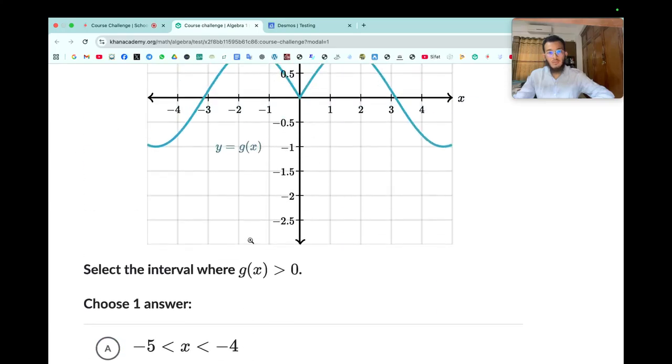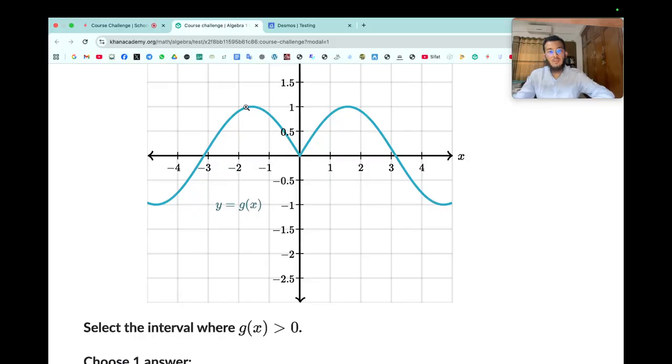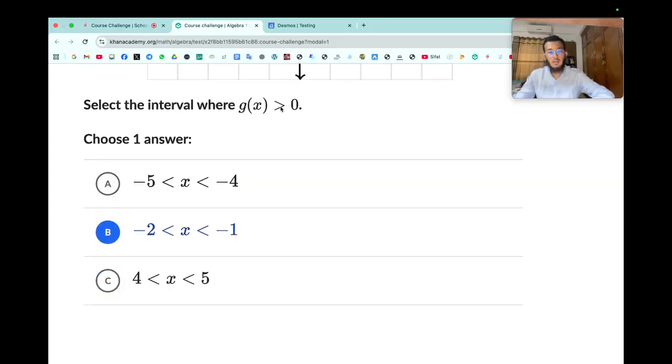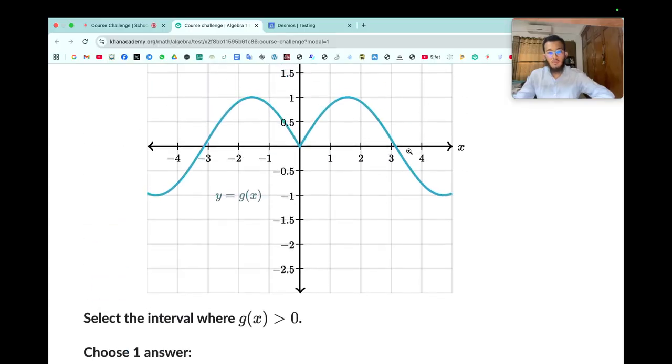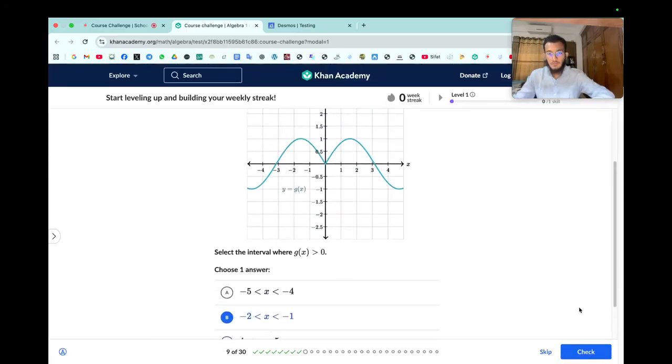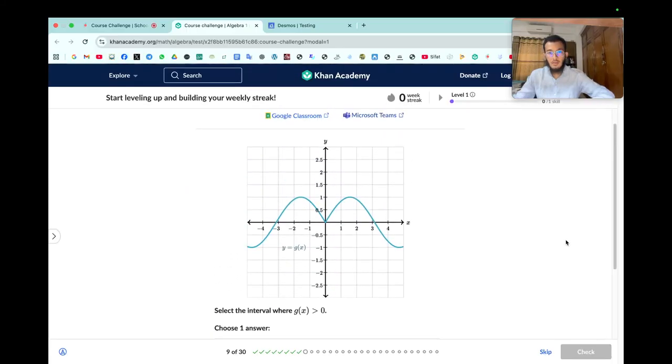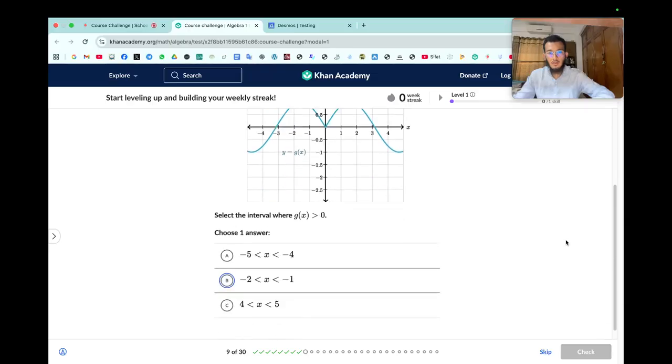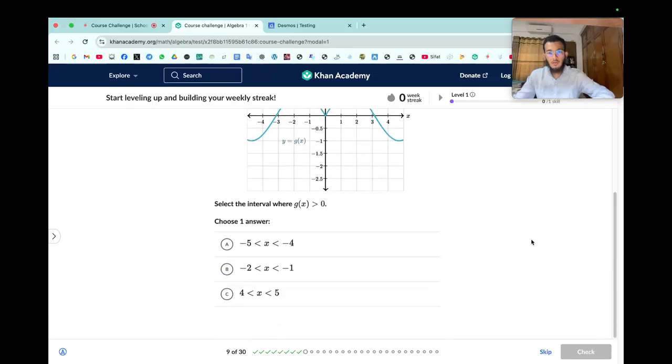From -2 to -1, yes, it's on the greater than 0 side, and 4 to 5 is not greater than 0, so B is our answer.